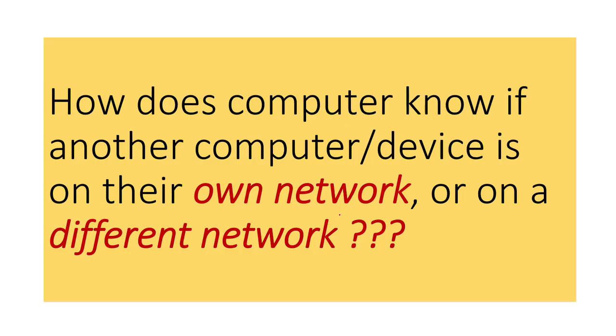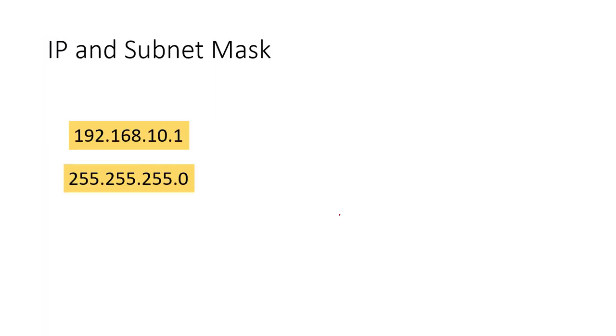Now here is a question. How does the computer know if another computer or device is on its own network or on a different network? To answer this question, we have already discussed IP addresses and subnet masks.